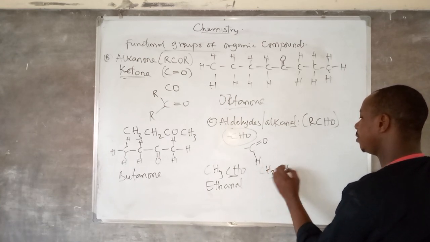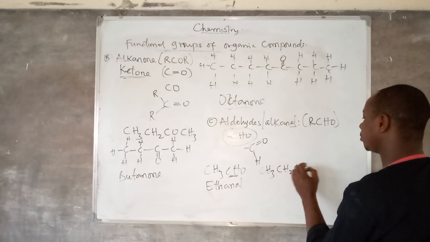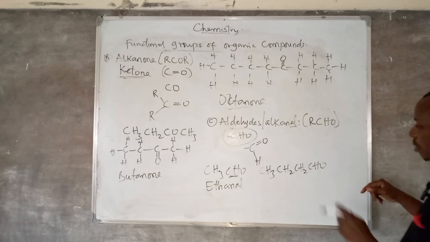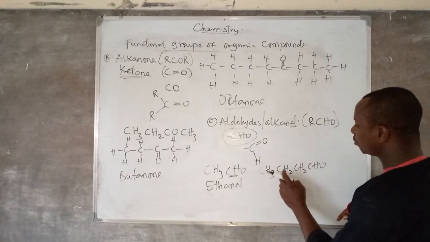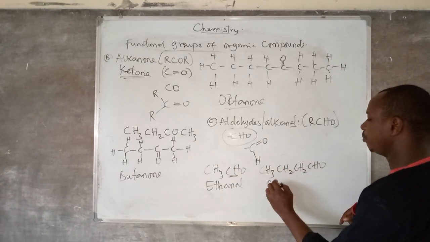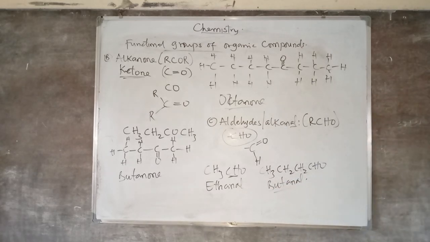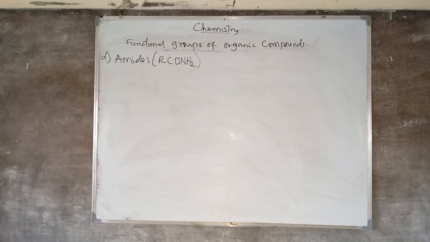CH3, CH2, CH2, now CHO. You can name this one. How many carbon atoms does it have? 1, 2, 3, 4. This one is butanal. Just know that alkanal has the functional group CHO. The next functional group is amides.